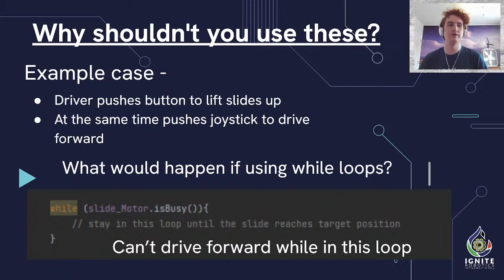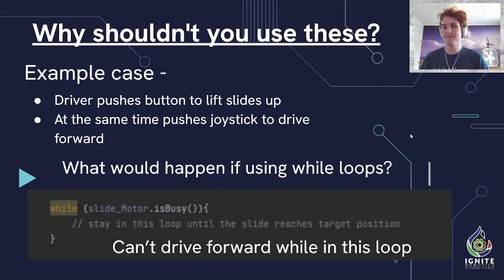It makes you slower because you're waiting for your slides to go up and then you have to drive somewhere. And that in itself causes difficulties in driving because if you have to sit there and wait, it makes it harder for you to understand what you're doing. And in general, this is not an unsolved problem. There are ways of doing this that are more efficient and don't cause these issues.